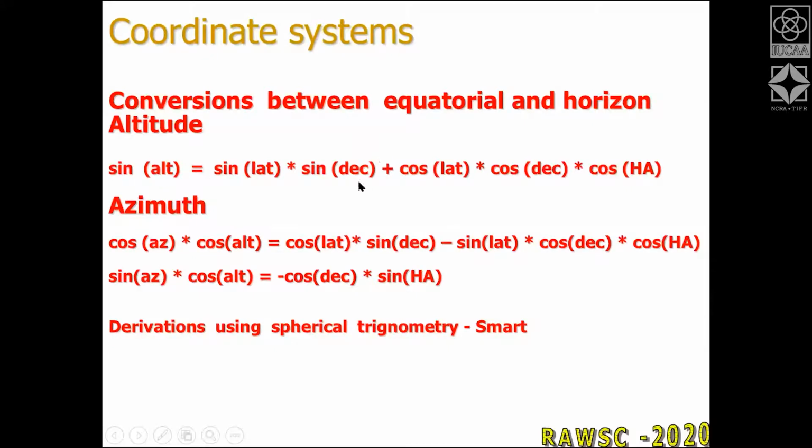And you use the place and time independent coordinate system, the equatorial system, on the right-hand side to do this kind of conversion. And then you position your telescope in altitude and azimuth, and that is how you can uniquely locate the star. So I hope this is all clear to everybody.